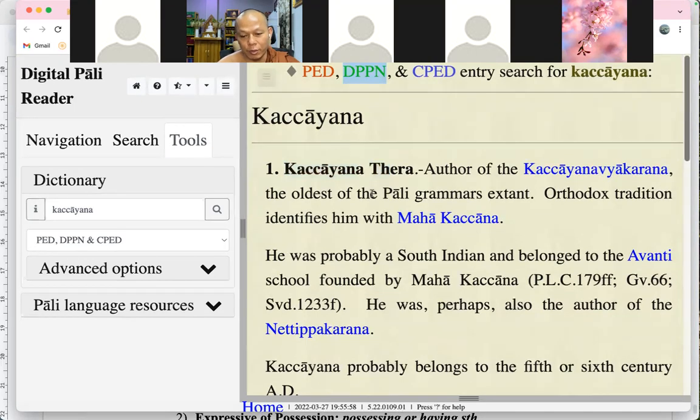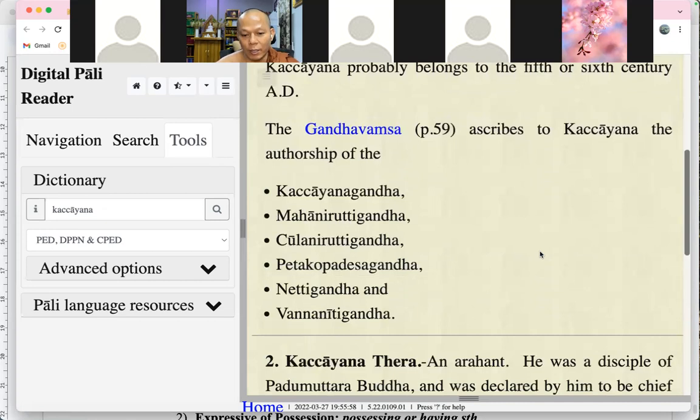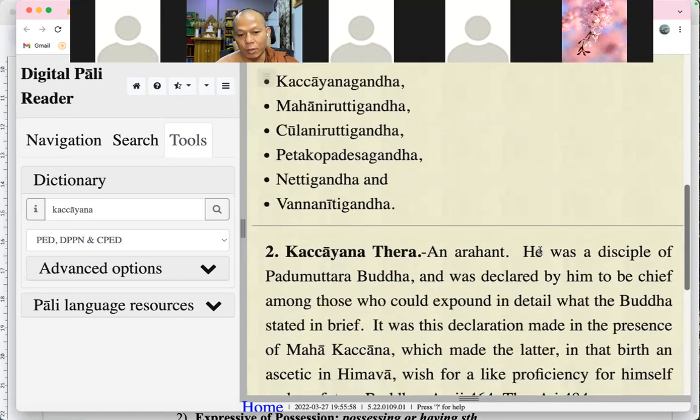In that dictionary, Kijana is explained as Kijana Thera or something like that. So just following that word, if we follow the history of that word, we can see other meanings also.